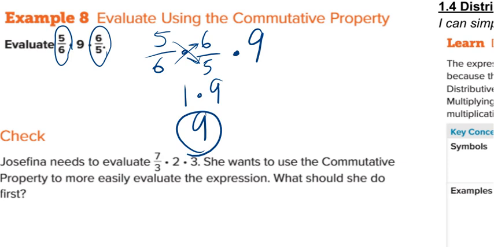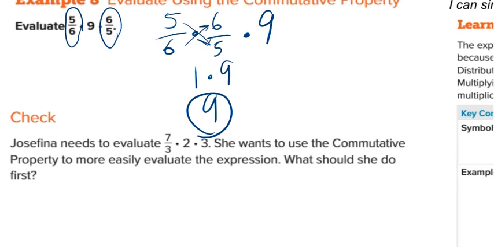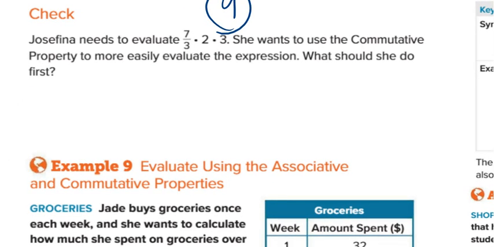So I could say 5/6 times 6/5 times 9. Well, since these are reciprocals, I know they'll get 1. So I have 1 times 9, which is the multiplicative identity. So I get the answer of 9. That's kind of nice when we can switch things around like that so that we can have easier things.